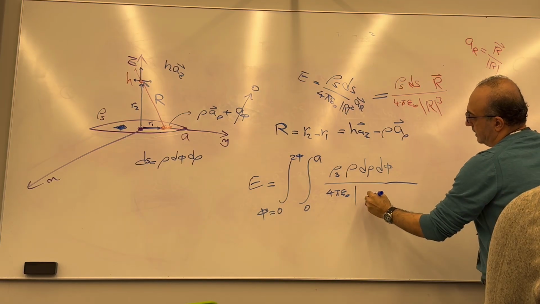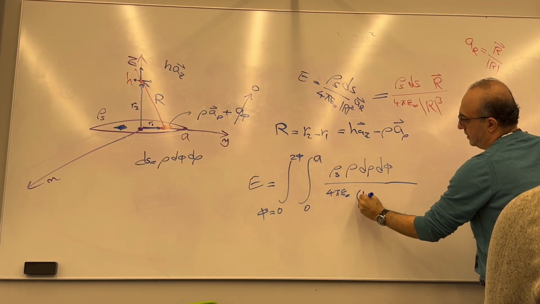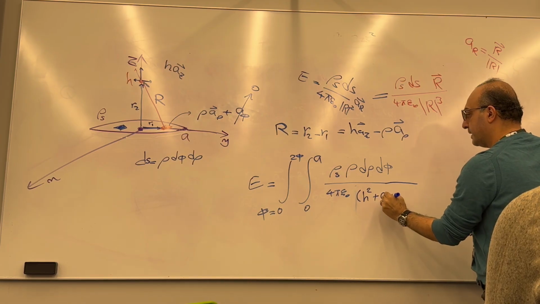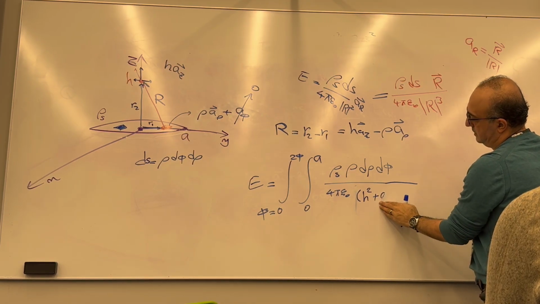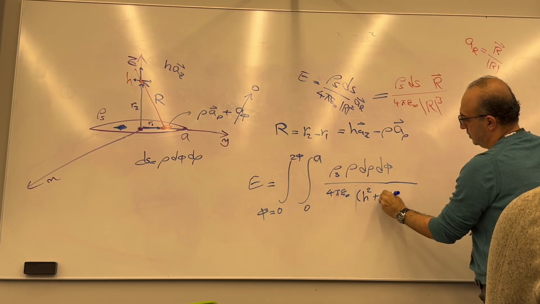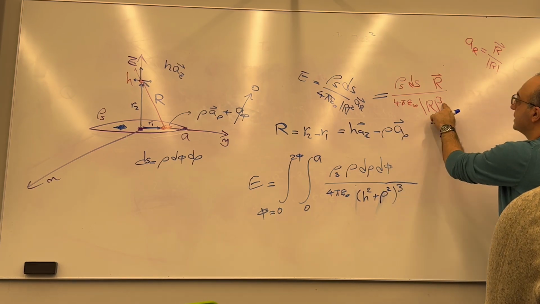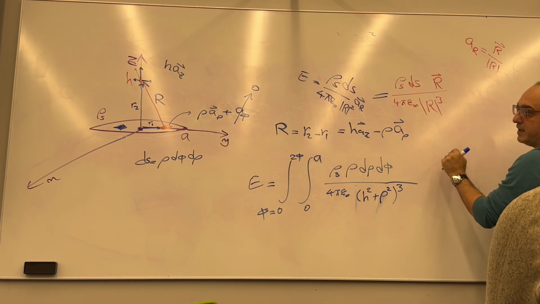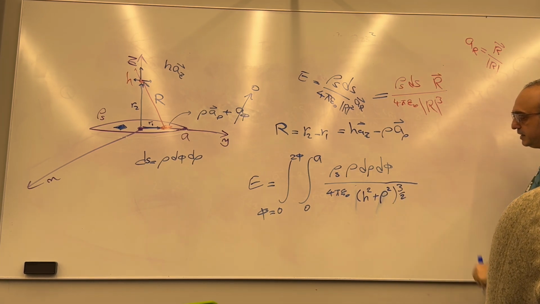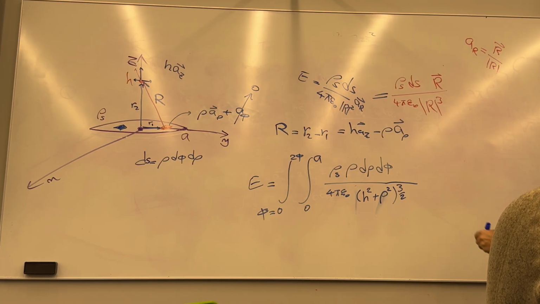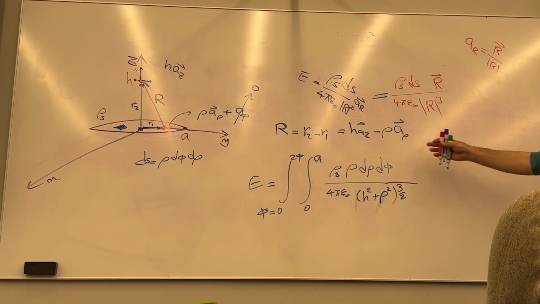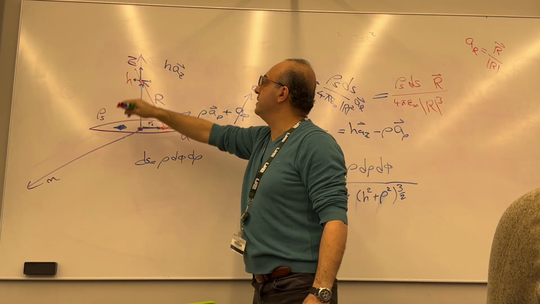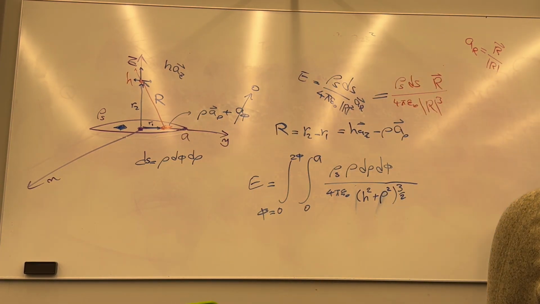Then it's going to be h squared plus rho squared to the power of 3, but the absolute value is going to be 1 over 2. It's going to be something like this. And the direction, we know that there is no direction of a rho because they cancel each other. It's going to be a z only. The a z of r is going to remain when you calculate that.